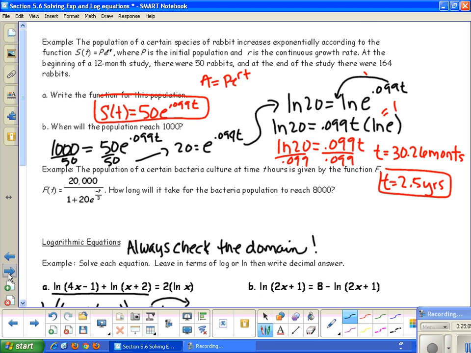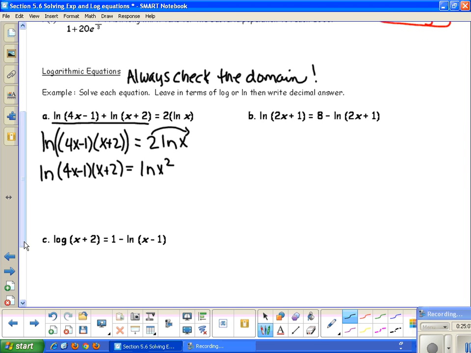So we can use that property in order to help us solve this equation here. So since I have natural log here and here, therefore this and x squared have to be equal to each other. So I would do 4x minus 1 times x plus 2 has to be equal to x squared.